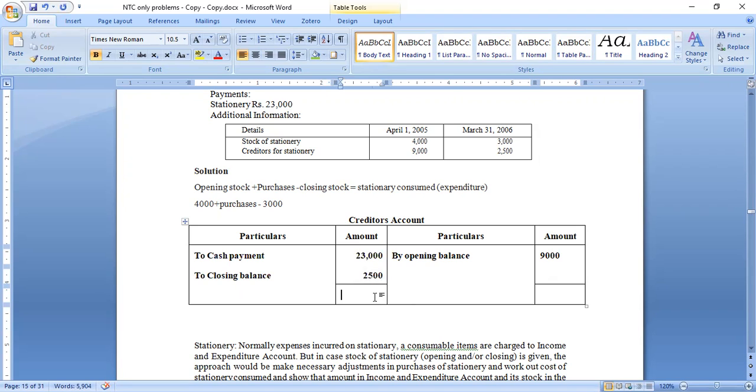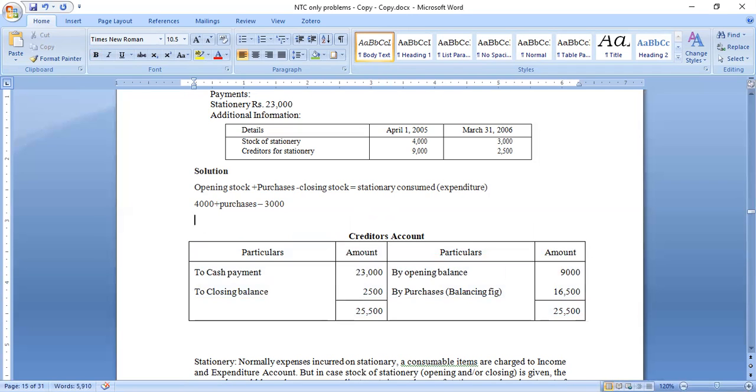So it comes around 25,500. The balance amount is 16,500, which are the credit purchases. So purchases amount to 16,500.